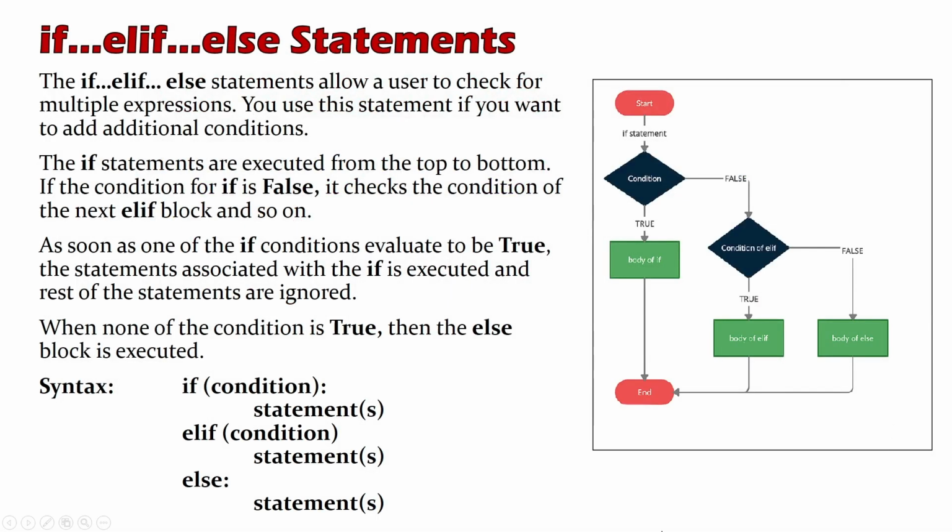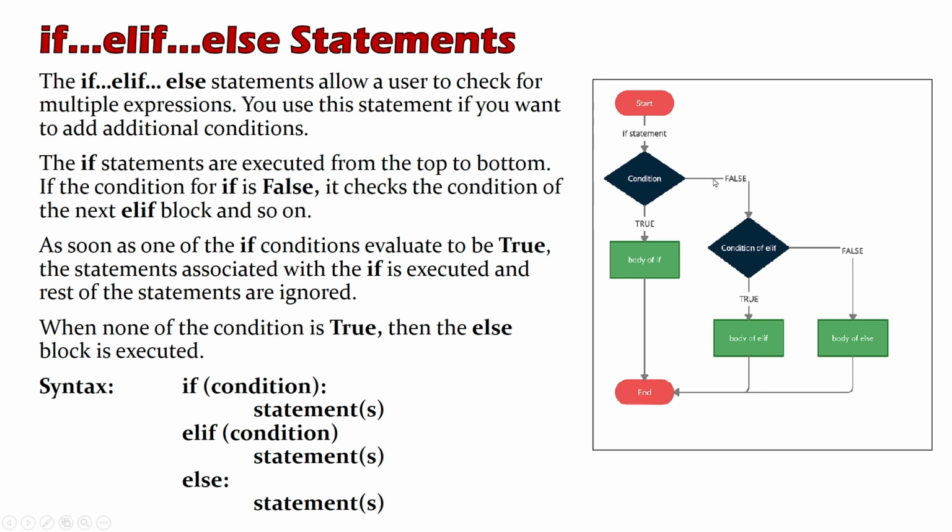Just look at the flowchart also. Here first the if condition is given. If this is true, the body of if is executed and we will not go to elif and else, and we will end our condition part and then execute the rest of the program.